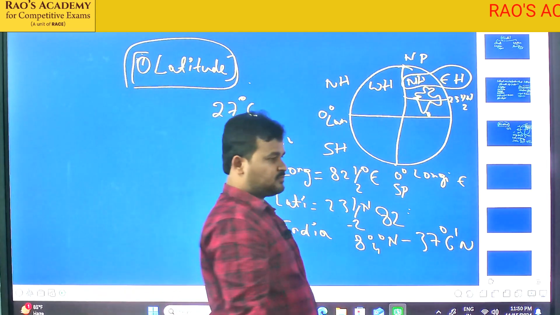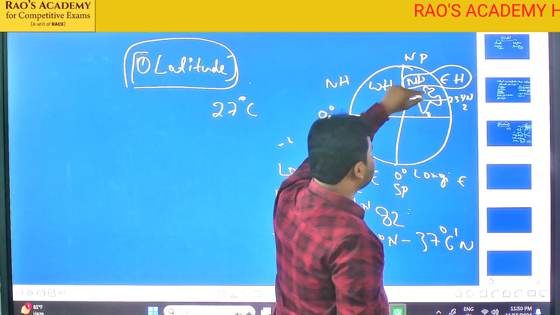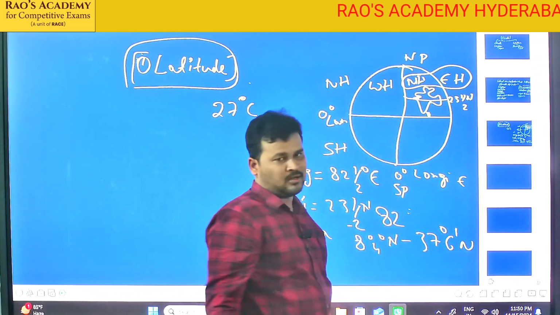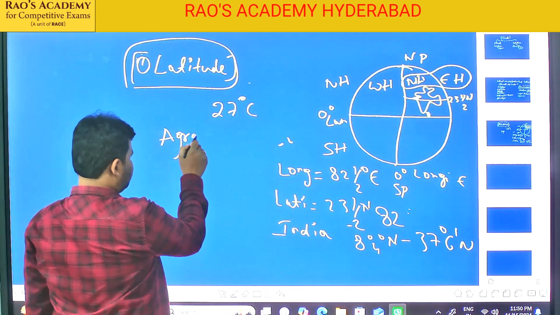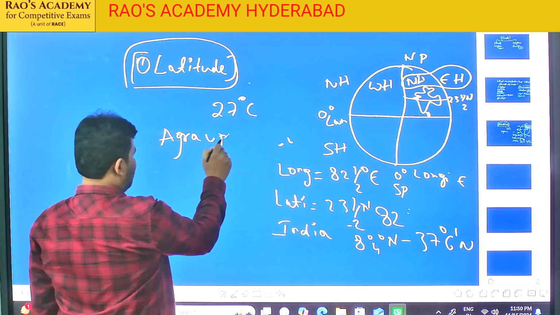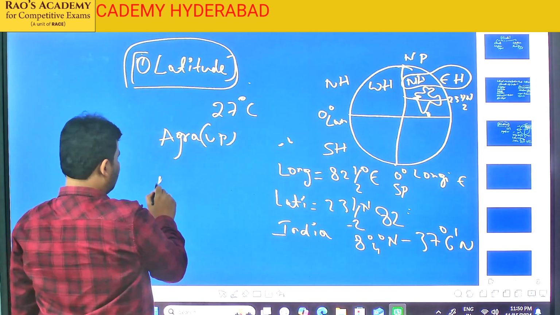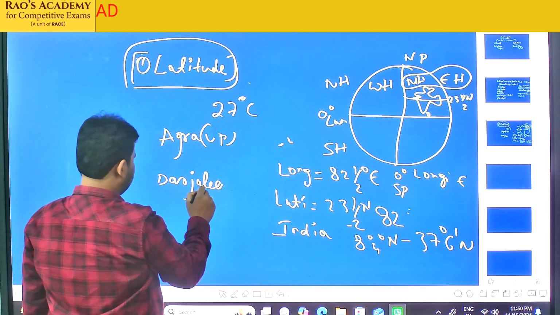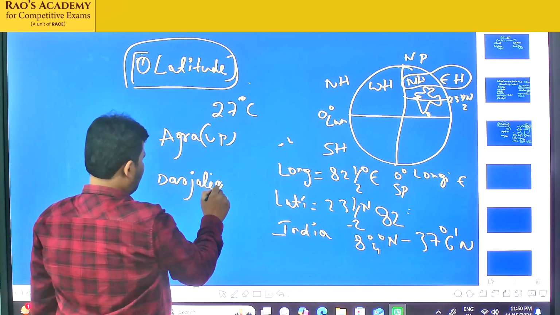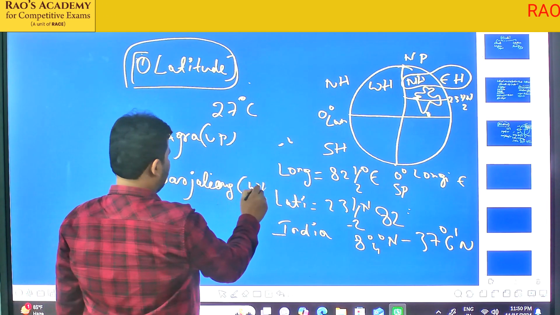See, my dear friends, there is a place called Agra in Uttar Pradesh, and there is a place called Darjeeling in West Bengal.